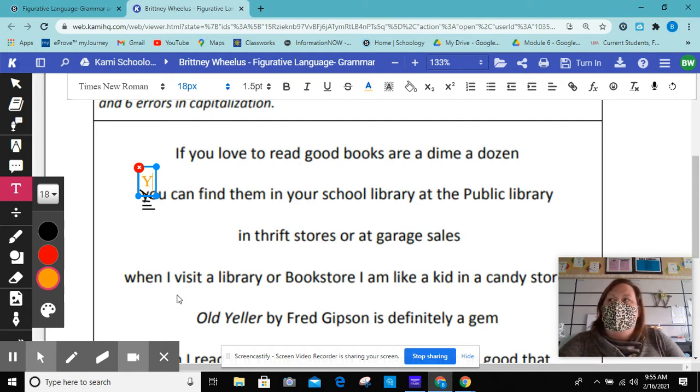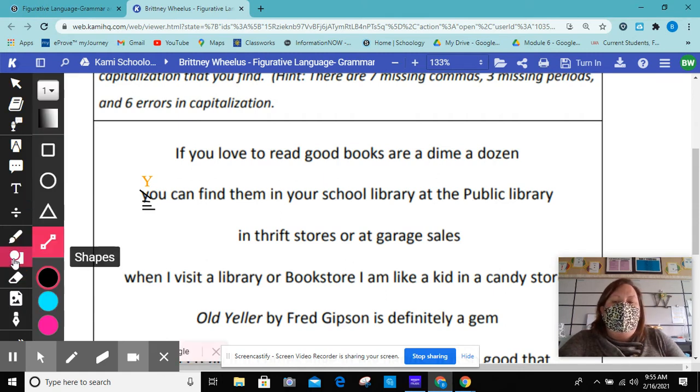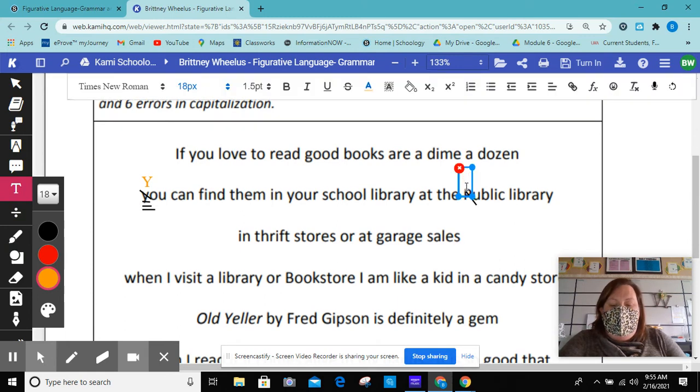What is it? Public needs to be what? Lowercase. All right, and I'm going to go back to my text box here and put a little p because I really don't want to underline this one, just because it needs to be lowercase and not capitalized. Okay.